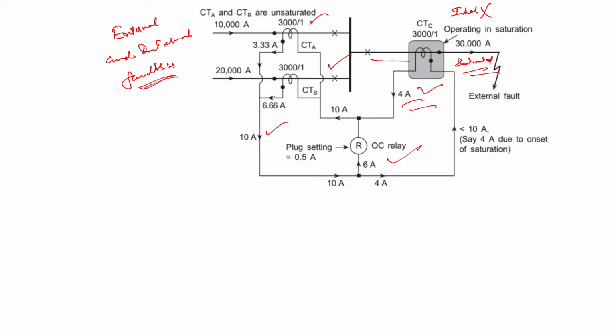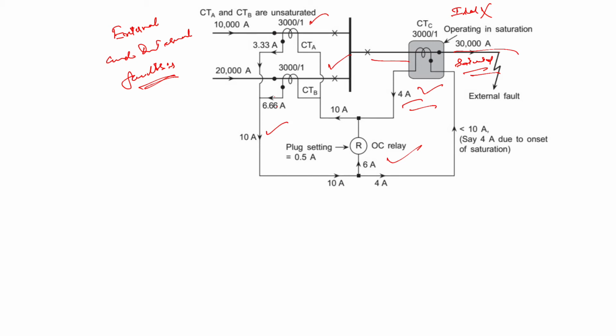Now what is the worst case scenario in that case? The worst case scenario is that CTA and CTB continue to transform faithfully as per their nameplate CT ratio, but CTC carries the total fault current and gets saturated. So this clearly indicates that the occurrence of impedance in the transformed secondary current results in substantial spill current.